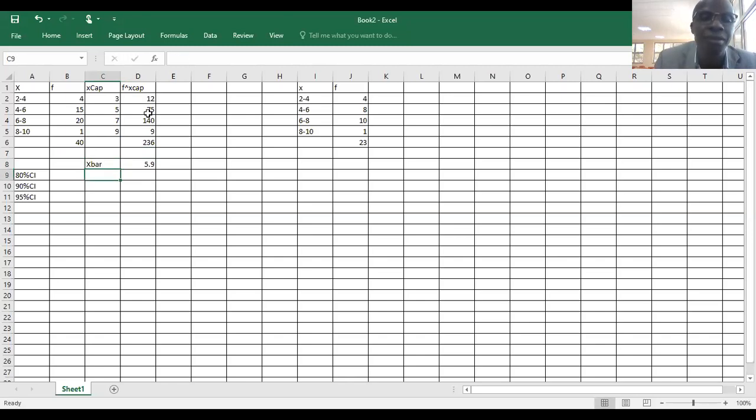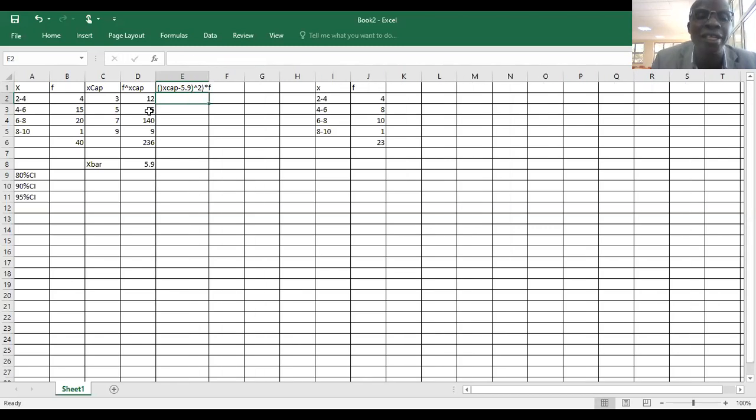Then we get our sigma. Sigma is estimated by S, the sample standard deviation. So it is basically X cap minus X bar, in this case 5.9. Then you square this, and then multiply by F. You'll have gotten your squared deviations.